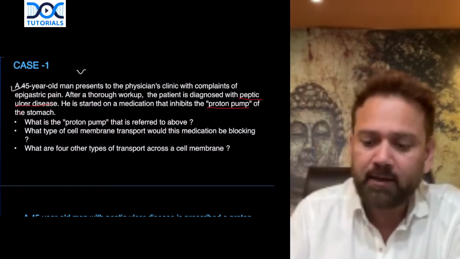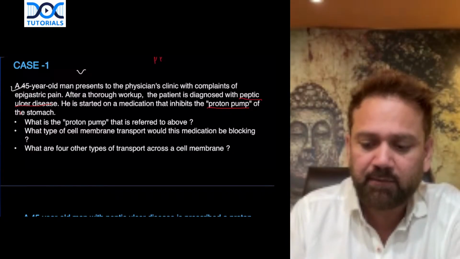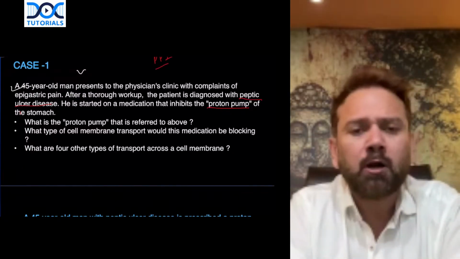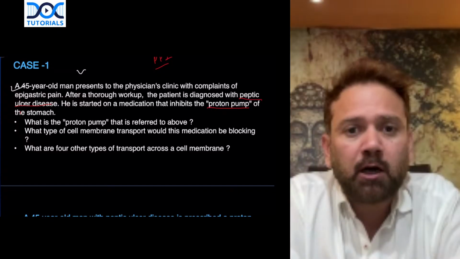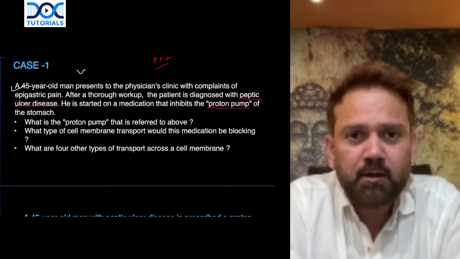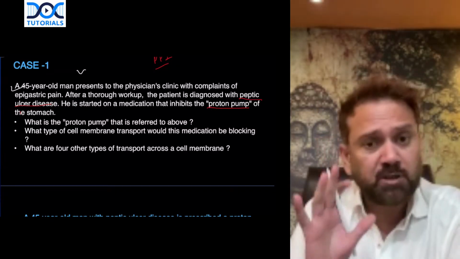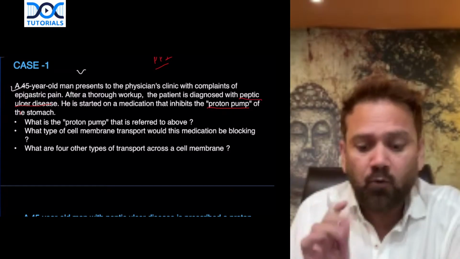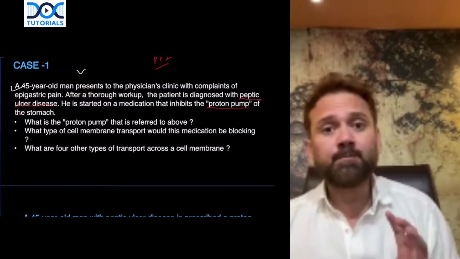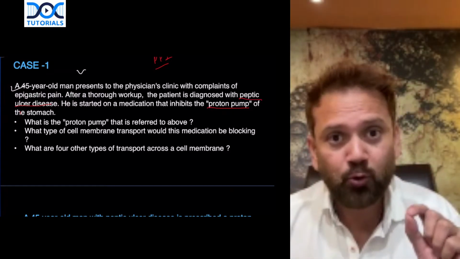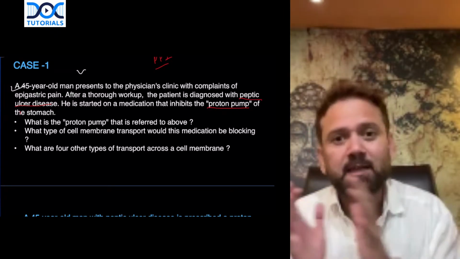You know, PPIs, proton pump inhibitors, are given, like omeprazole, pantoprazole. This will be discussed more in GIT, but also in general physiology about the pump. So the question is about general physiology: what is the proton pump that is referred to?